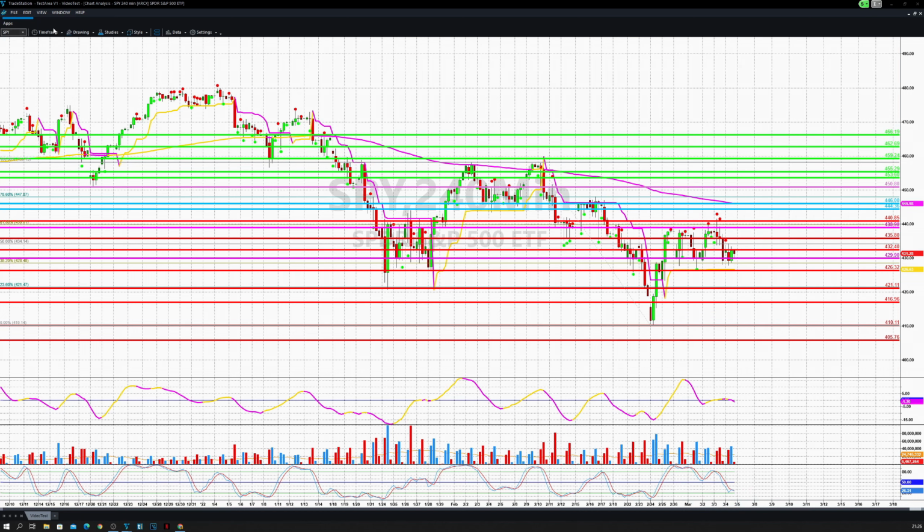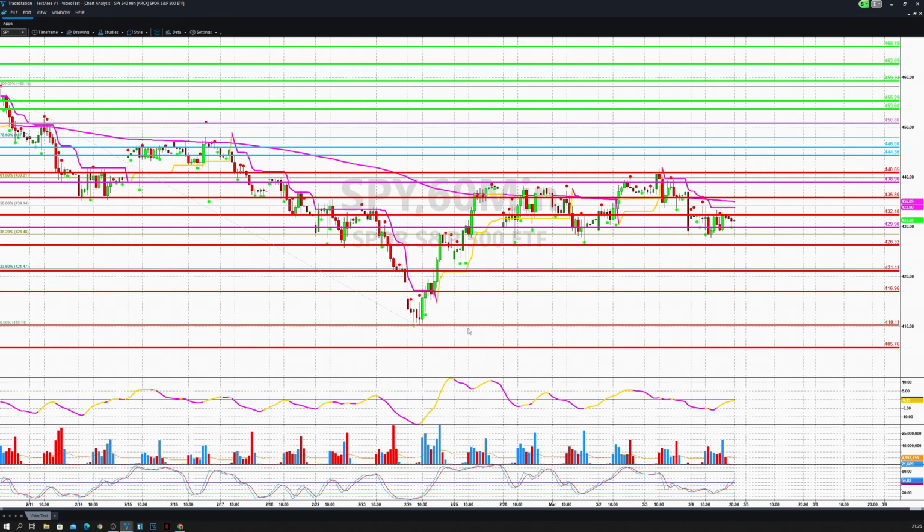If we check the 60 minute, you could see something else. With the 60 minute chart, the 1-hour chart, you can see that we clearly started a move to the upside. This is the move to the upside.